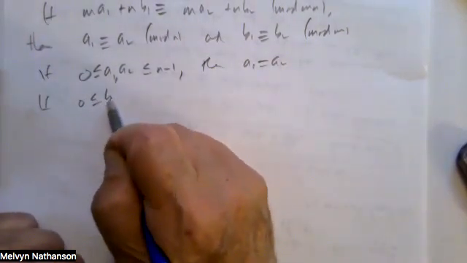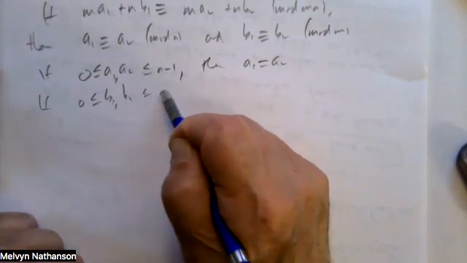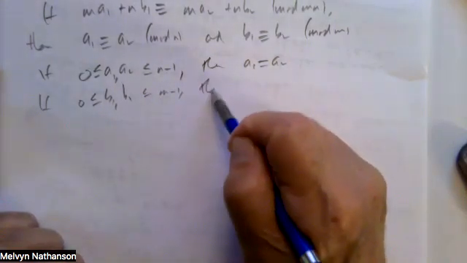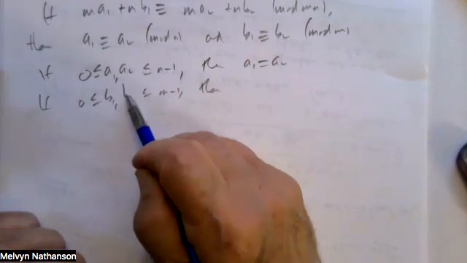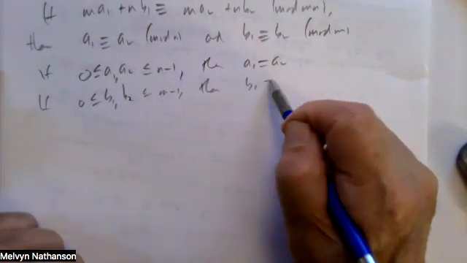And if b1 and b2 are between 0 and m minus 1, then the only way two such numbers are congruent is if they're the same.